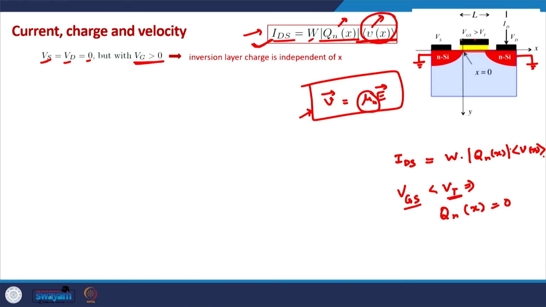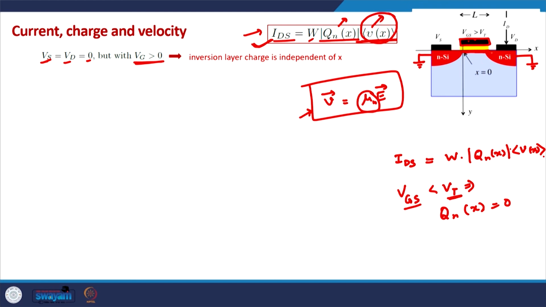In our classical treatment of MOSFETs, as I have already pointed out in one of the classes, this structure of the gate and the channel is a capacitance-like structure. We have a conducting gate contact, we have a conducting channel, and in between we have a dielectric or an insulator.